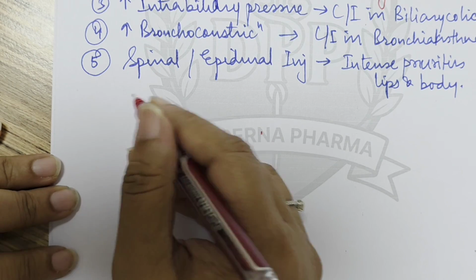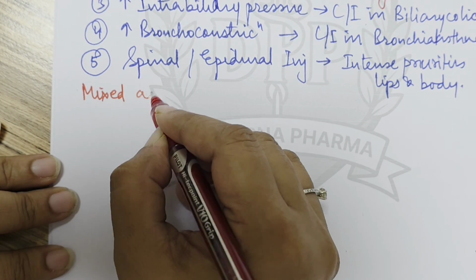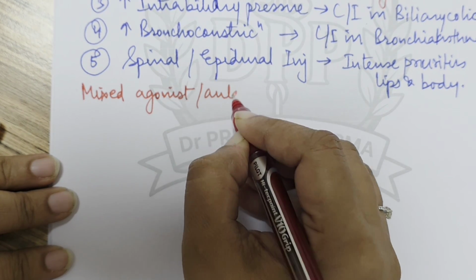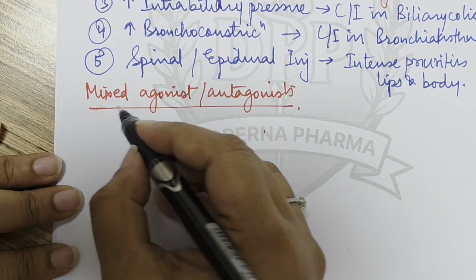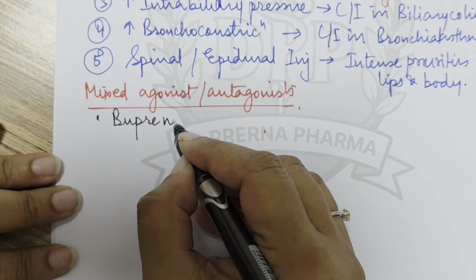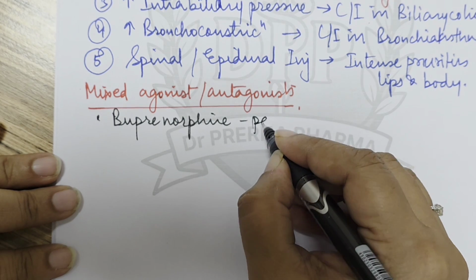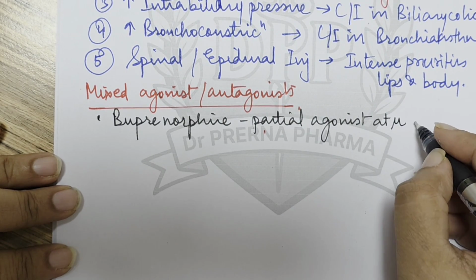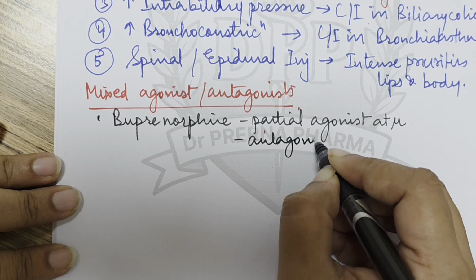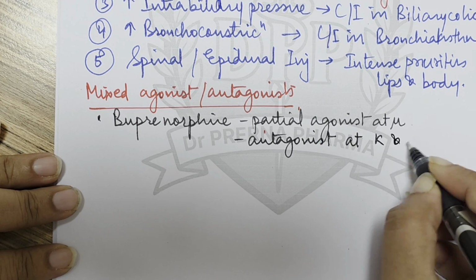Now there are some drugs which are called mixed agonist-antagonists, and it is very important to understand their actions. A lot of questions are asked on these drugs. The first drug which we have to understand is buprenorphine. Buprenorphine is a partial agonist at mu and antagonist at kappa and delta.